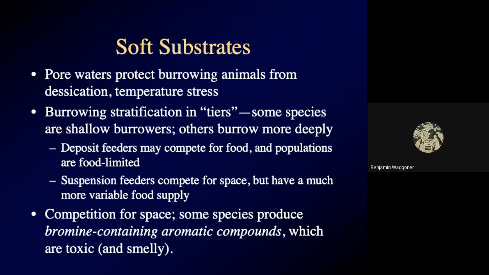Bromine-containing aromatic compounds are toxic, and they also smell really bad. You don't usually smell a lot of this at your typical Florida beach, but a type of unselective deposit feeders known as acorn worms tend to secrete lots of bromine-containing aromatic compounds, and they stink.